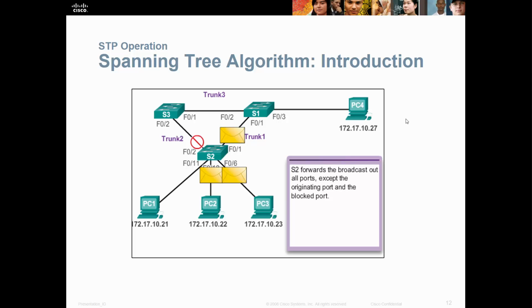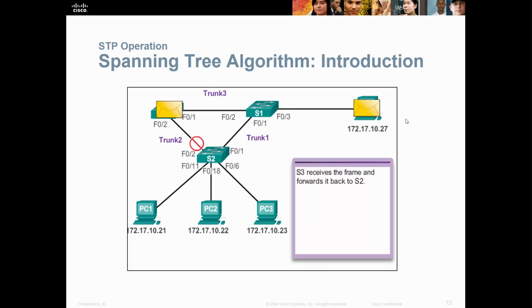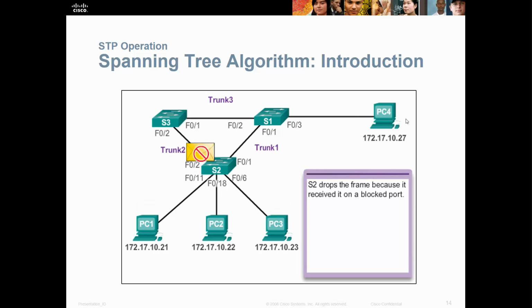And if, for whatever reason, the link between switch 2 and switch 1 ever goes down, it will automatically turn back on the link between switch 2 and switch 3. So switch 3 may receive the frame and forward it back to switch 2. Switch 2 should drop the frame because, again, that port is in a blocking state.